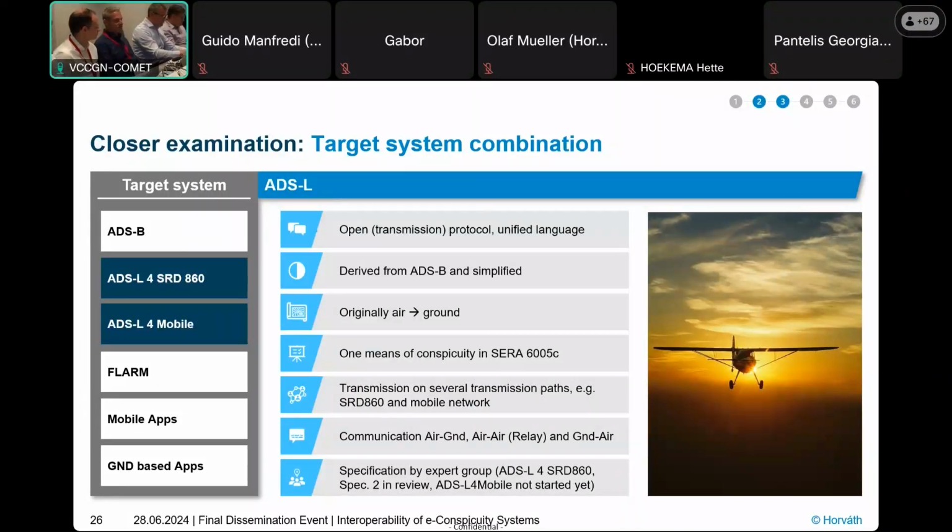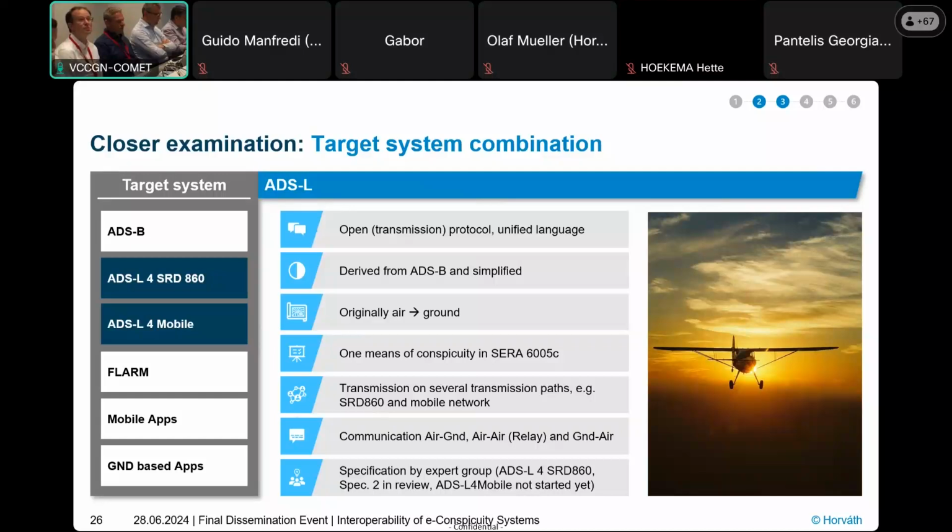And both variants of it, like the SRD860 system and the mobile system, are means of electronic conspicuity in 0605 Charlie. The specification number 2 for ADS-L SRD860 is published soon, and the specification for mobile has to be started now.